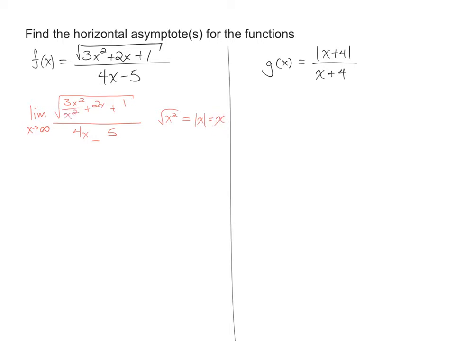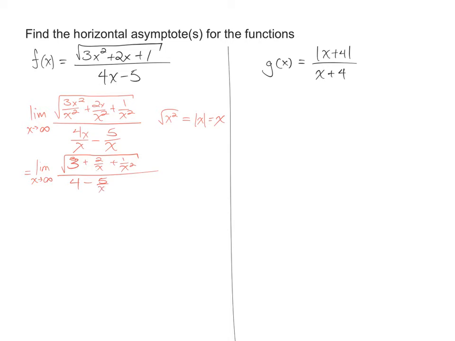So here we go, over x squared, over x squared, over x squared, over x squared, and in the denominator I said over x, there we go. And this simplifies to the limit as x approaches infinity of the square root of 3 plus 2 over x plus 1 over x squared, all over 4 minus 5 over x.